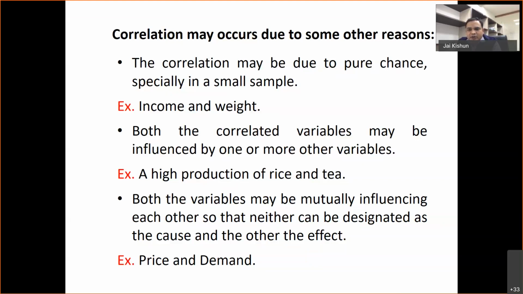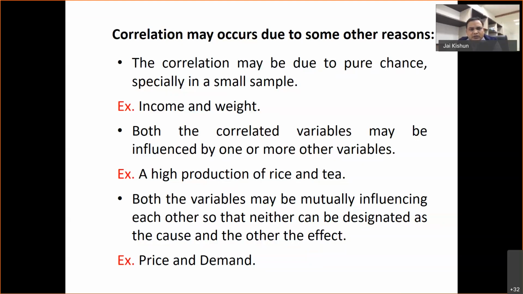But it may also be possible that the price of a commodity increases, but demand also increases. It may be because the population of that area or country has increased. Because of that, demand has also increased.